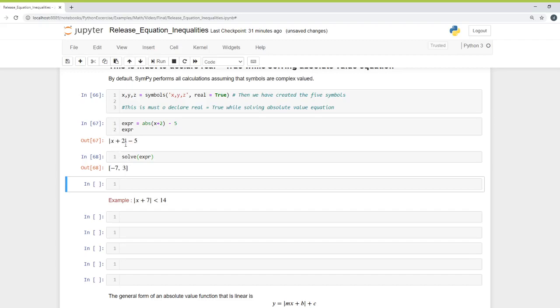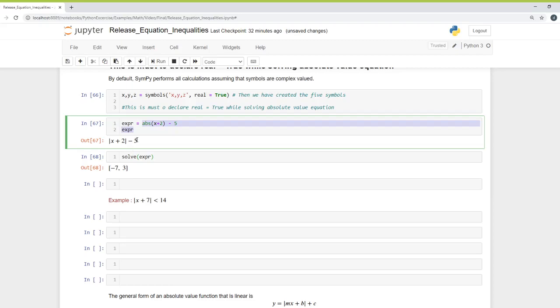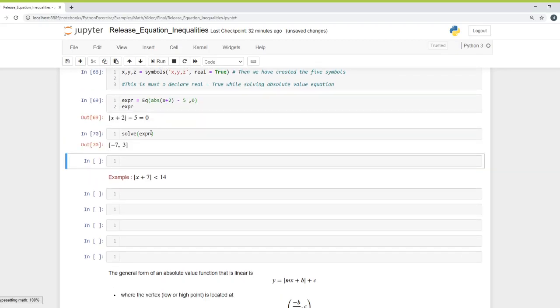When you put 3, 3 plus 2 is equal to 5, and 5 minus 5 is also 0. So our equation, the absolute value of x plus 2 minus 5 is equal to 0, has two solutions, minus 7 and 3. In this way we can solve the absolute equation.